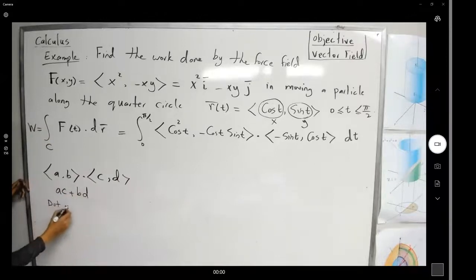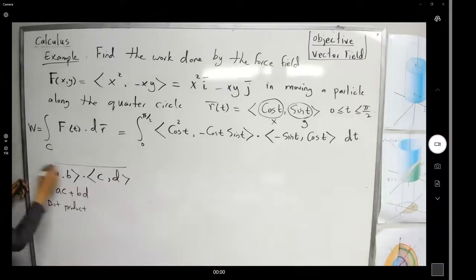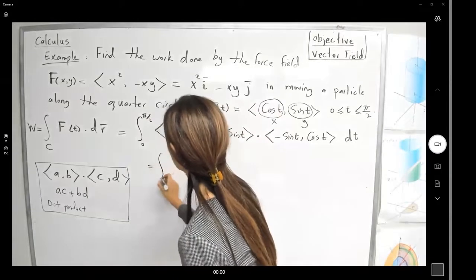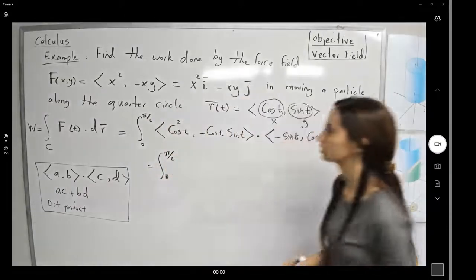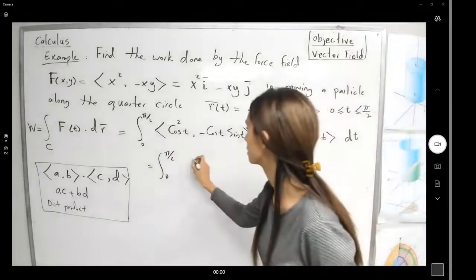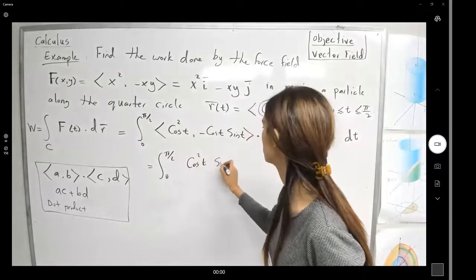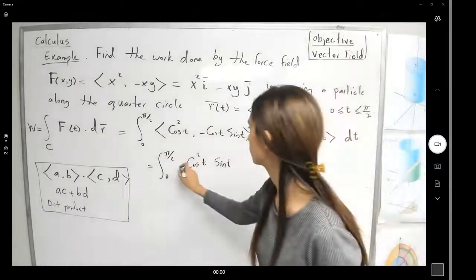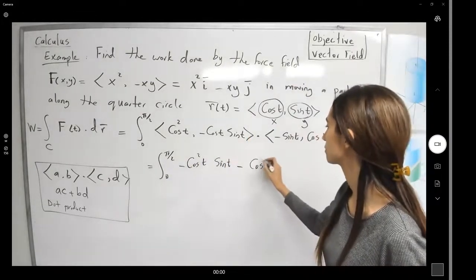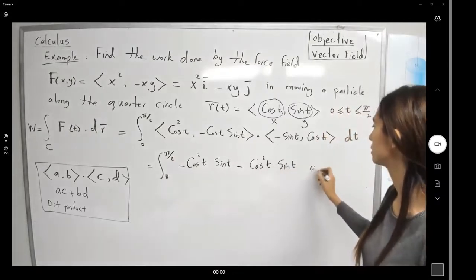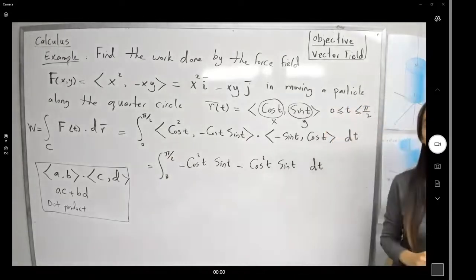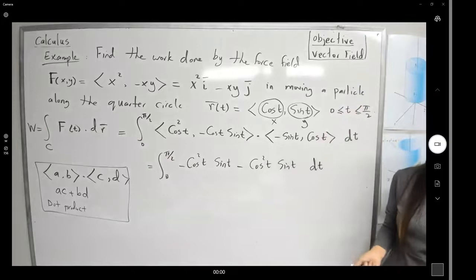So this integral, the work done, becomes the integral from 0 to pi over 2. The product between these two gives you cosine squared t times sine t, and it has a negative sign in front of it. Well, minus cosine squared t times sine t dt. As you can see, you end up with one function in terms of t.